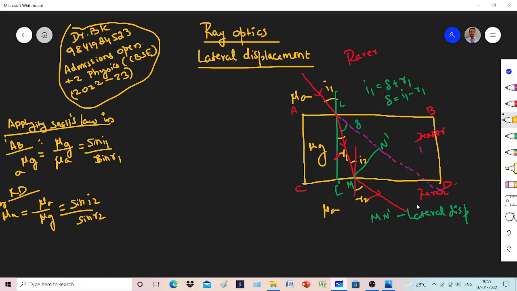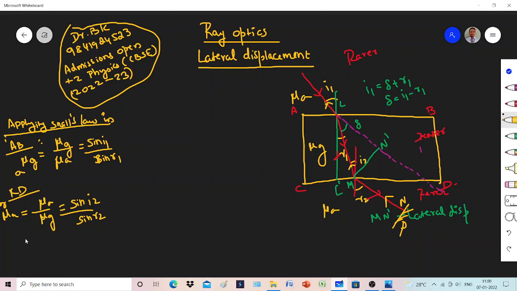So if I keep a mirror, what will happen? Here if I keep a mirror, and I label this point as N, what will happen? The ray will retrace its path according to the principle of reversibility.